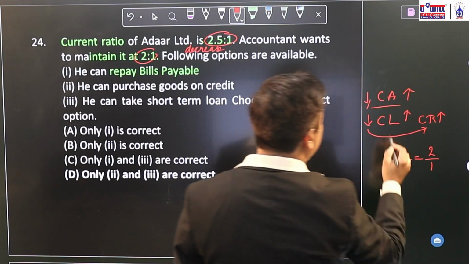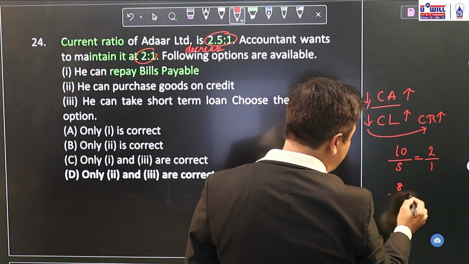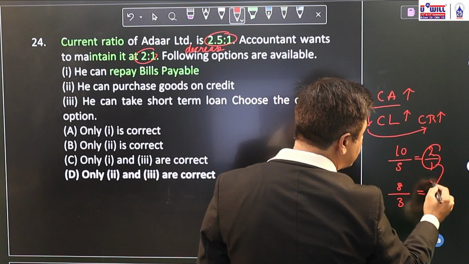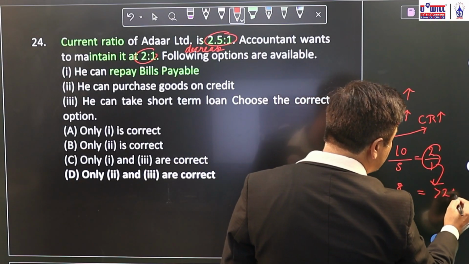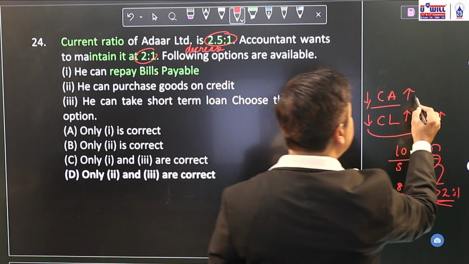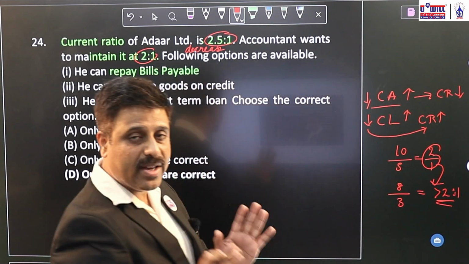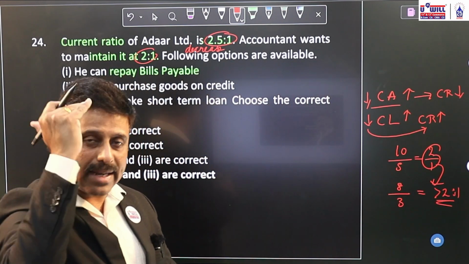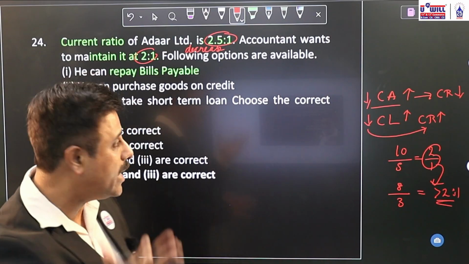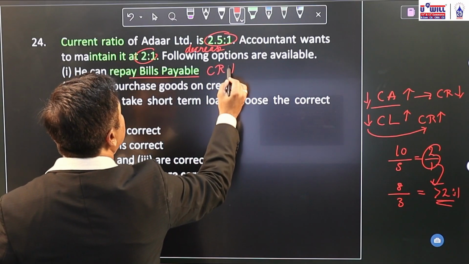Now, if you are repaying the bills payable by 2 rupees, then 10 minus 2 is 8, 5 minus 2 is 3. Now, 8 divided by 3 is more than 2:1. More than 2:1 means current ratio will increase if both decrease. It's inverse. If current asset and current liability both increase, current ratio will decrease. If both decrease, current ratio will increase. Here both decrease, so current ratio will increase.